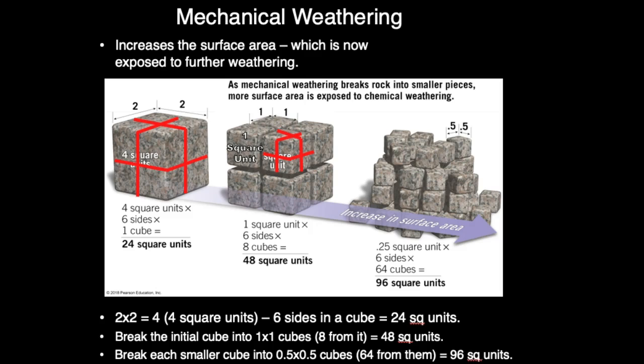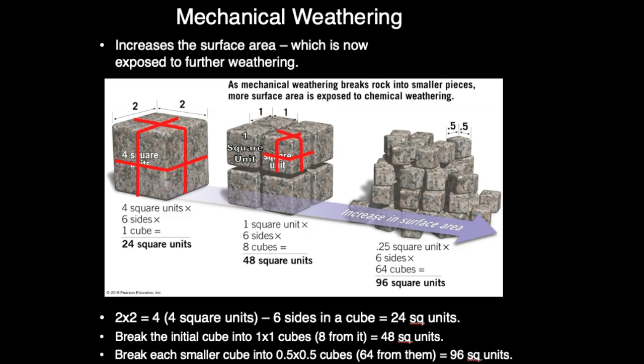In the next image over, if that previous cube is split into 8 equal pieces, so the combined volume does not change, each of these 8 pieces has 1 square meter on each side of the cubes.